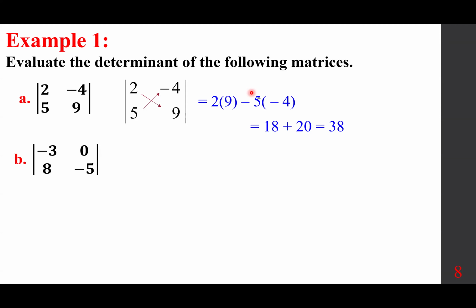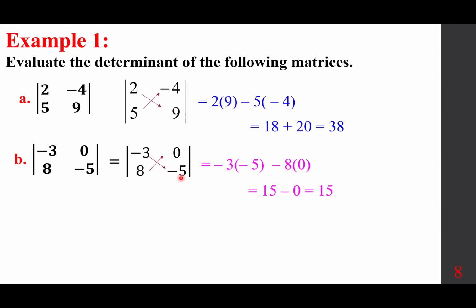What about this one? Again, cross product. Multiply these two, minus multiply these two. Negative 3 times negative 5 is positive 15. 8 times 0 is 0. So we get 15.